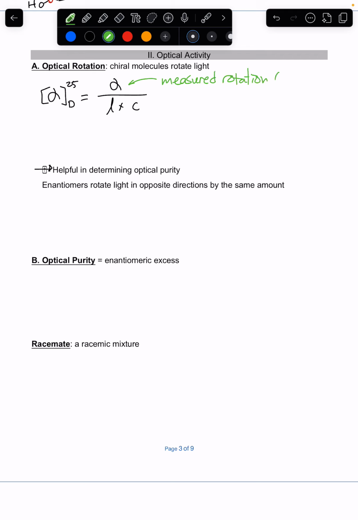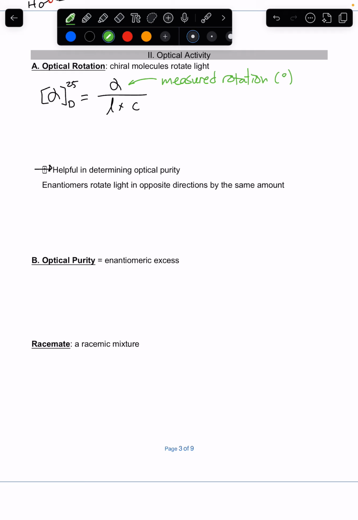You can measure this in terms of a degree, an angle. And then the thing about that is that the degree of rotation changes depending on how concentrated your solution is, or how long a distance your light had to travel through.